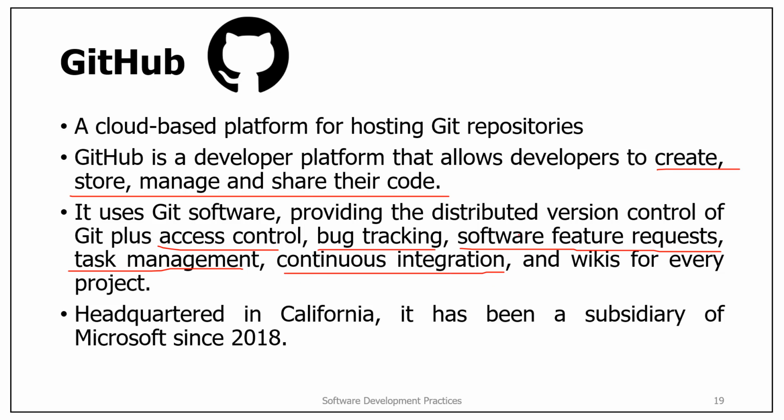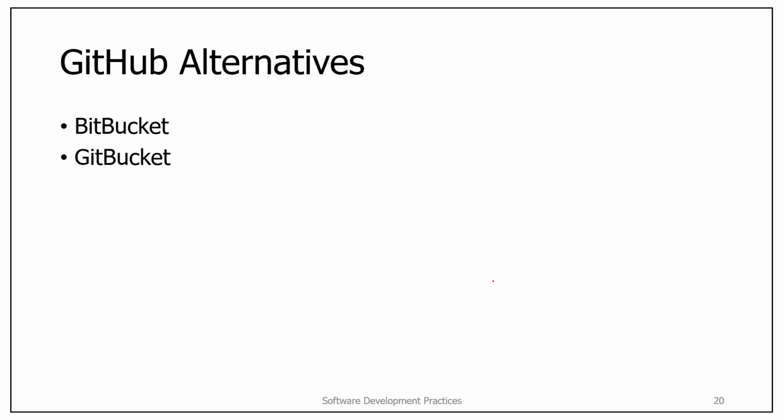All these services are provided by GitHub. The GitHub company is headquartered in California, and from 2018 it has been acquired by Microsoft.